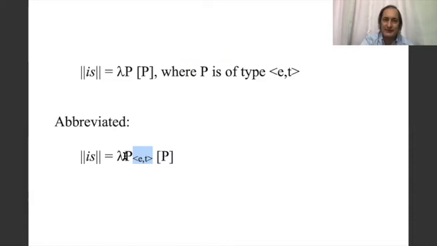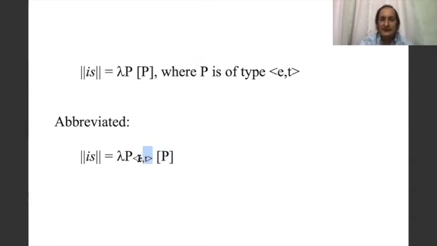Because after a lambda, we can put any kind of thing. We've put lambda x before, if that was a type E. We can also put a p, which is here of type ET, and we can put other things as well, as we will see later. So this is a function that takes some one place predicate p and gives back that same p.